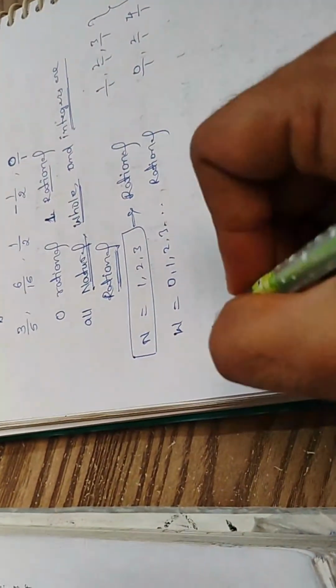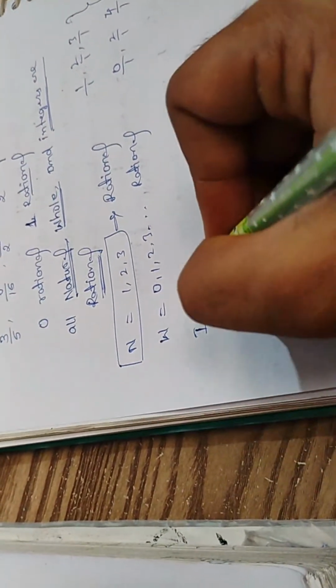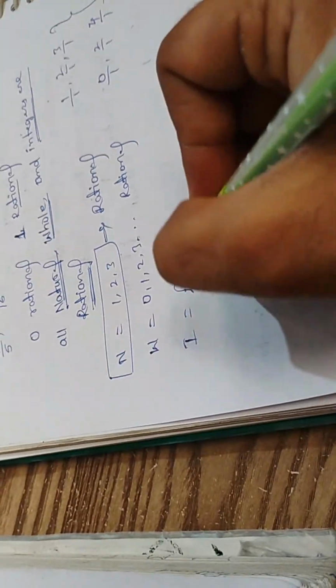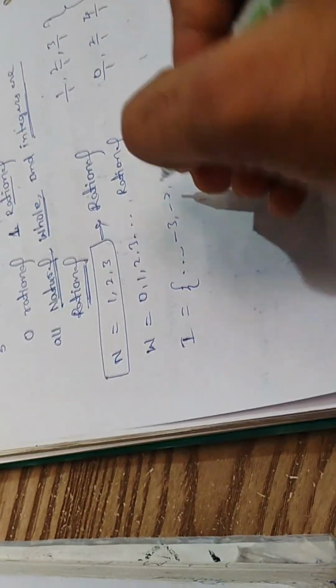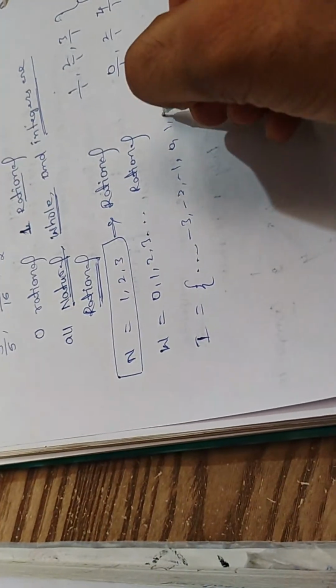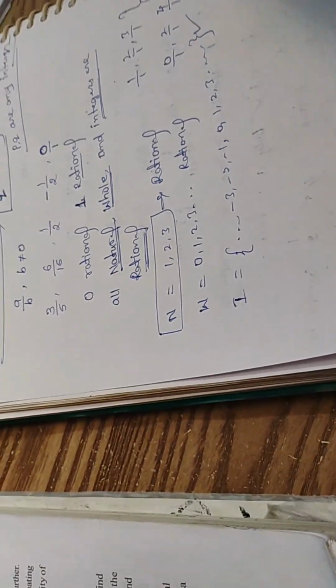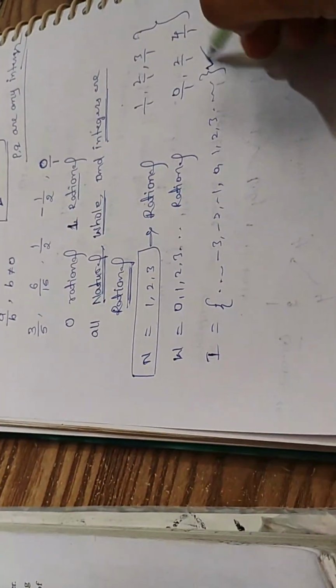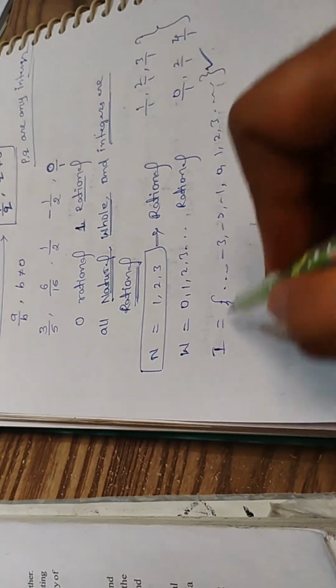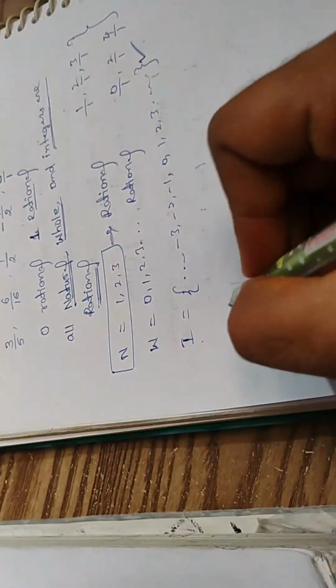If you are writing integers -3, -2, -1, 0, 1, 2, 3, and so on, these all are also rational numbers. Okay, but look at 1 by 2.